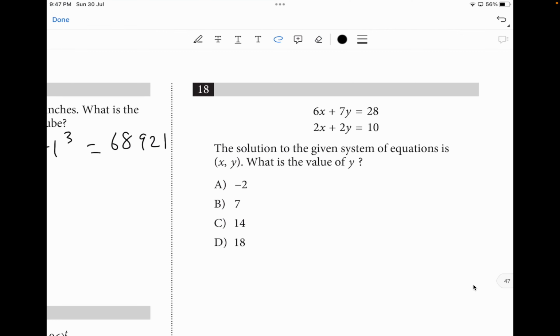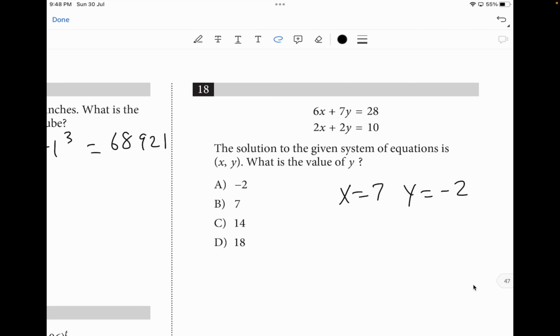You just hit the mode button. If I hit that mode button, the calculator is not working. Okay, so if you hit 5 option 1 in the calculator and input 6, 7, 28, 2, 2, and 10, you should get the value of x as 7 and the value of y as -2. Using a calculator, you can find the answers for x and y.